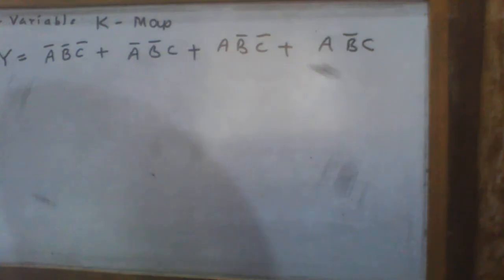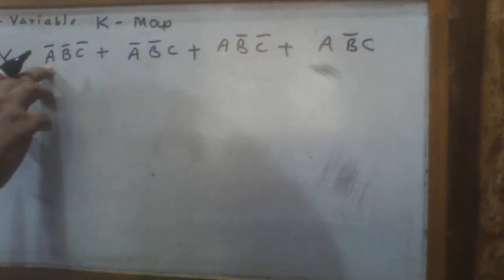This is the given equation. The terms are a bar b bar c bar, a bar b bar c, a b bar c bar, a b bar c. In the given equation, all variables a, b, c are available in each term, either in true form or in complement form.